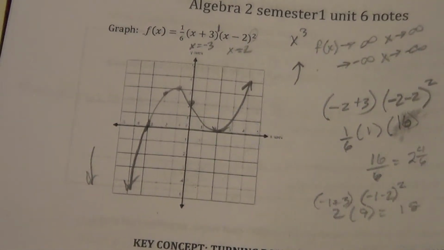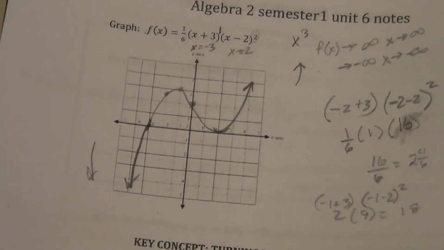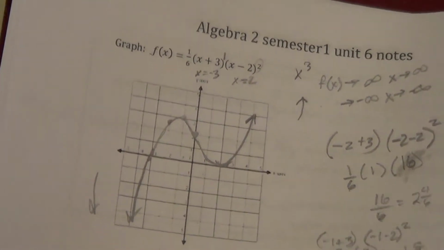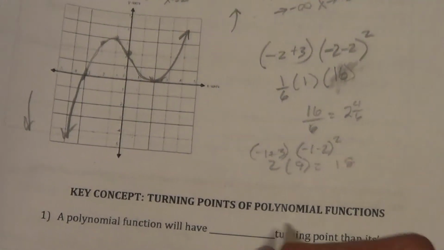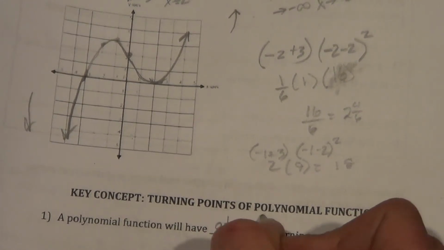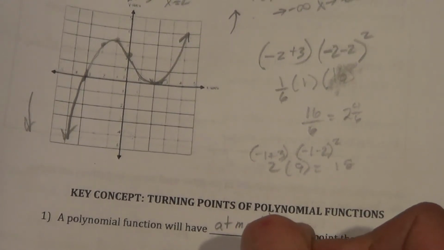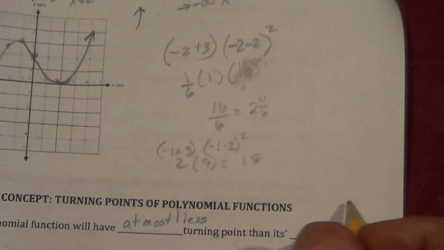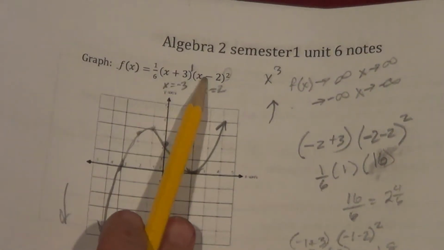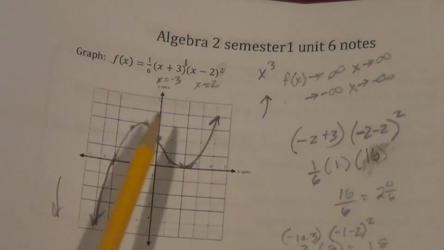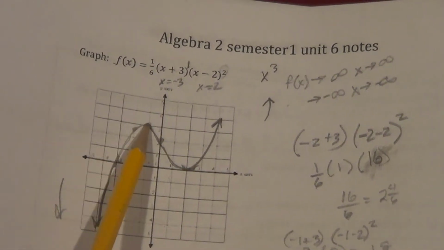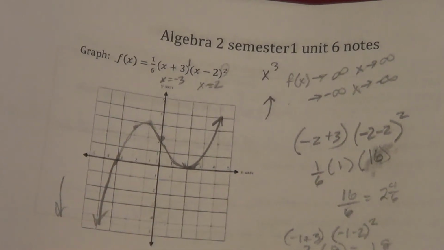Okay? And the interesting thing here is the turning points. These are the points at which the graphs turn like this. A polynomial function will have at most one less turning point than its degree. So this was a third degree, so at most it would have two turning points. And we have a turning point here and a turning point there.